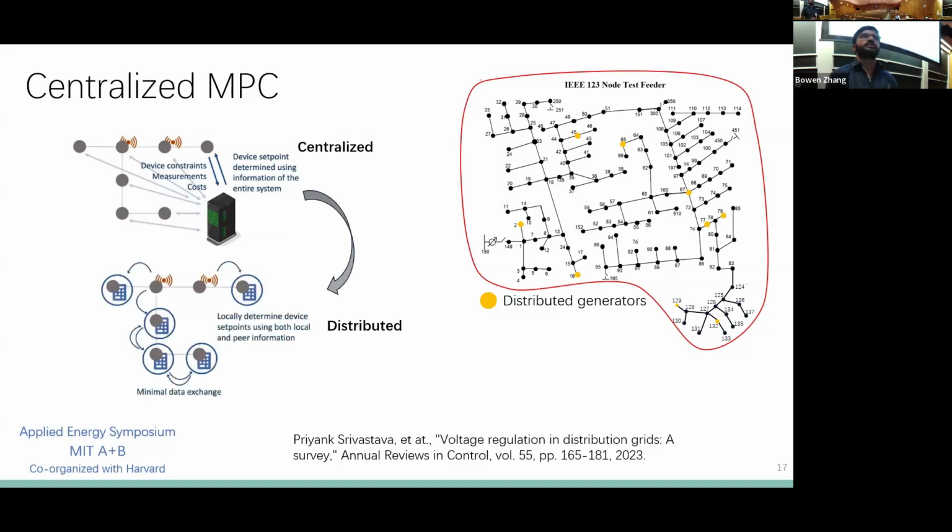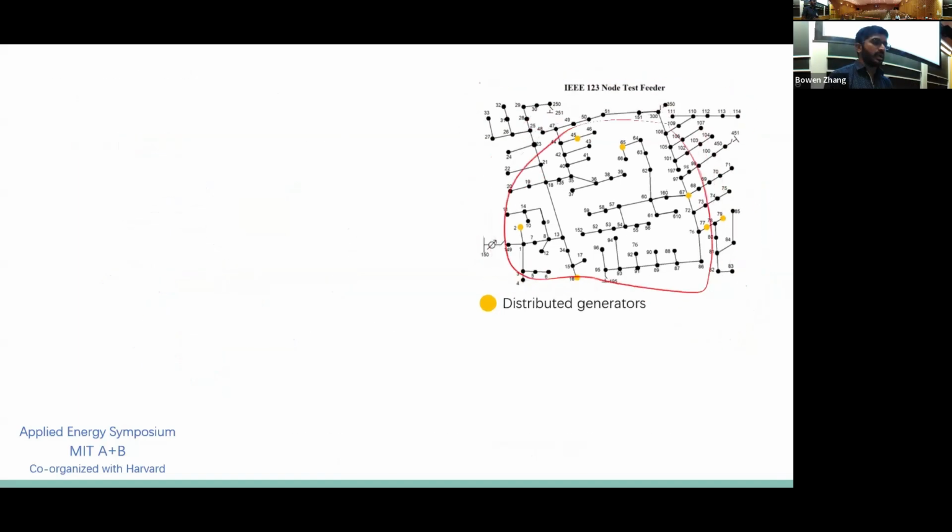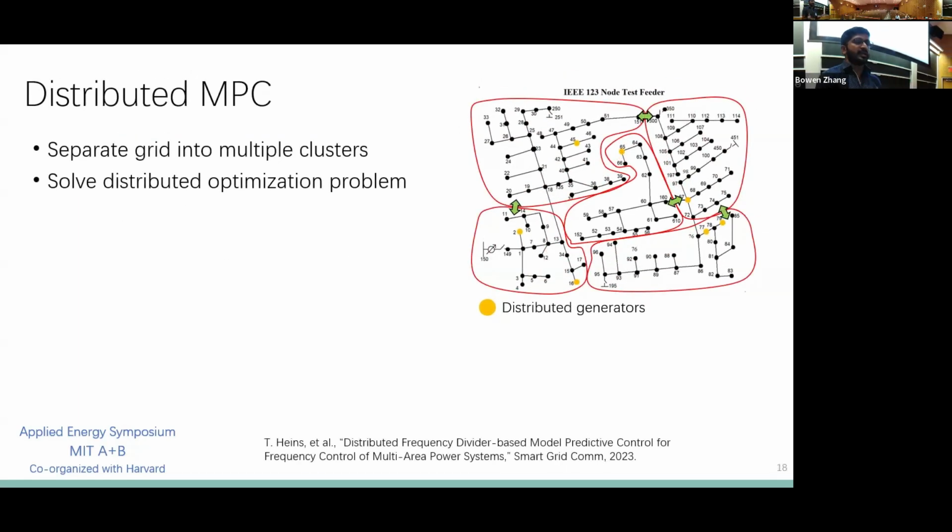So an alternative approach is to use a distributed method where each node or inverter mostly uses local information to determine their optimal set points, but it also uses some information from the peers or the neighboring nodes. But we can minimize the amount of communication that's needed. And so the idea here is we can separate the grid into multiple clusters.